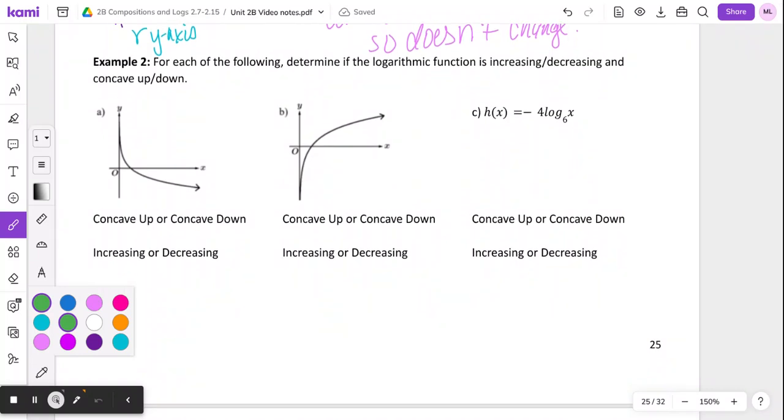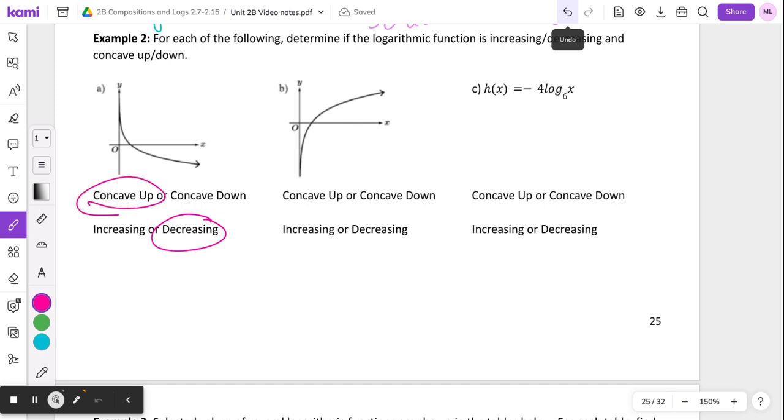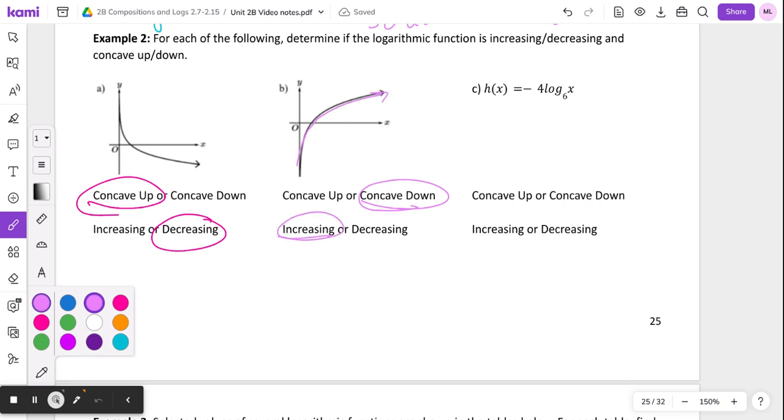All right, so now we're going to decide if we are increasing or decreasing and the concavity. So if we look at this function, as x increases, y is decreasing, and it's concave, oh, not down, concave up the whole time. On the next one, this is concave down, but we are increasing as we move along it.